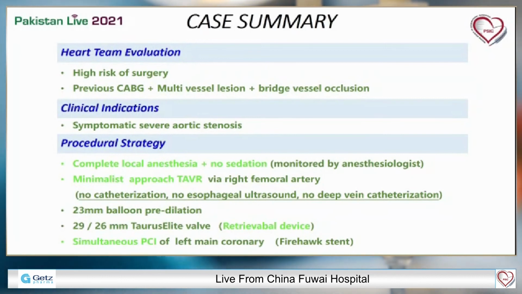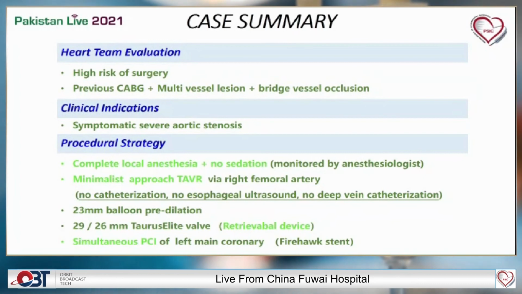Now we try to develop more devices. In China, we have several kinds of devices for TAVR. The first device, Venus A, we have presented the procedure with.